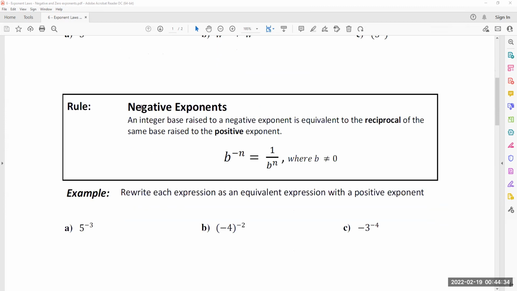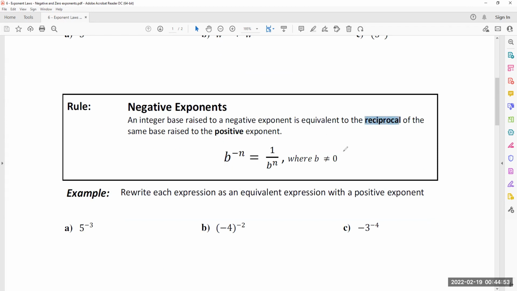Second lesson, if you're dealing with a negative exponent, you are going to be getting rid of the negative by turning it into a positive. But as a result, the base is turned into its reciprocal.